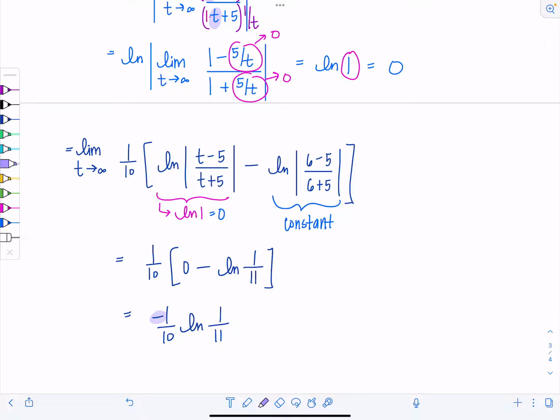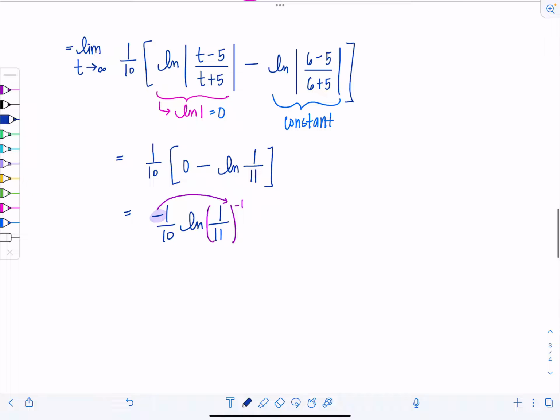Remember that coefficient, just the negative 1, I'm not moving the 1/10. I'm just going to move the negative back to the argument here and make it the exponent on 1 over 11, which means take the reciprocal. And so our final cleaned up snazzy answer is 1/10 natural log of 11.